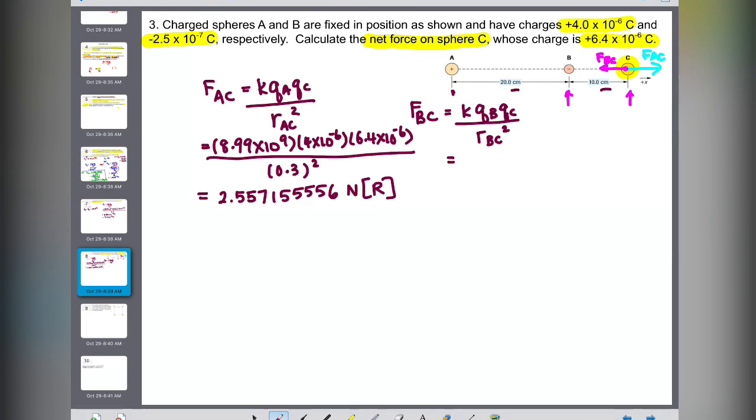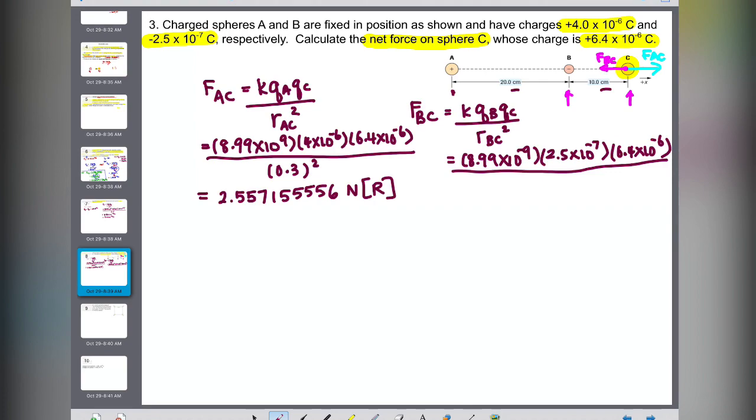Okay, now I'm going to do the exact same thing for B and C. The charge of B is 2.5. Remember, we don't put in a negative. I almost wrote it, but don't put in the negative. Don't put the charges in. C is 6.4 times 10 to the negative 6.